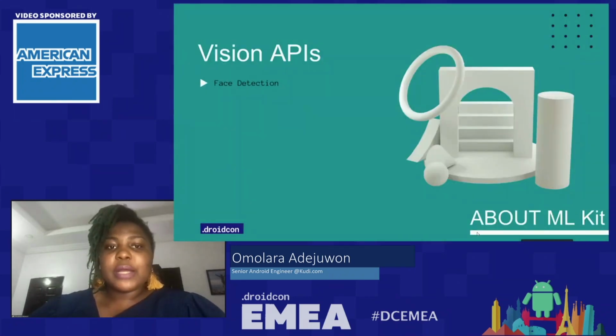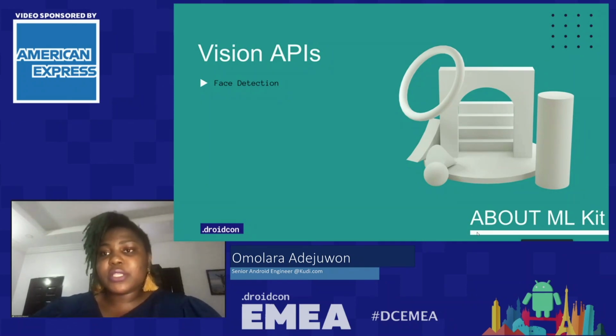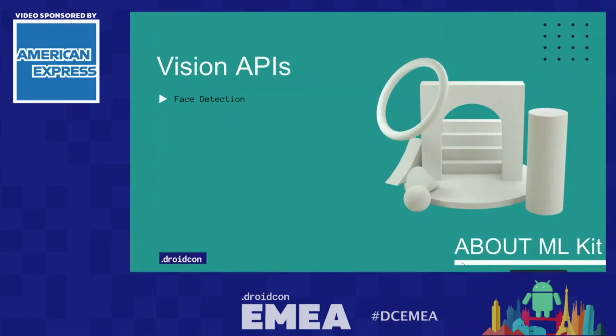Like I explained earlier, ML Kit has both vision APIs and natural language APIs. Vision APIs use your camera and your images to process whatever you've sent into ML Kit.